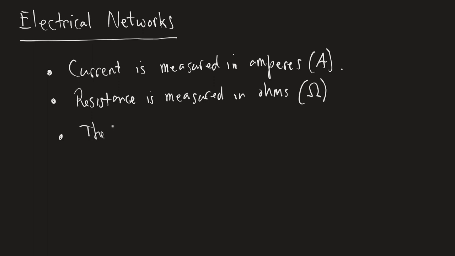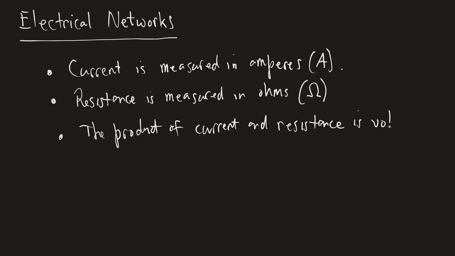So the product of current and resistance is voltage, and that's abbreviated V. Now, as far as the notation that we will use, we're going to use uppercase I to represent current.